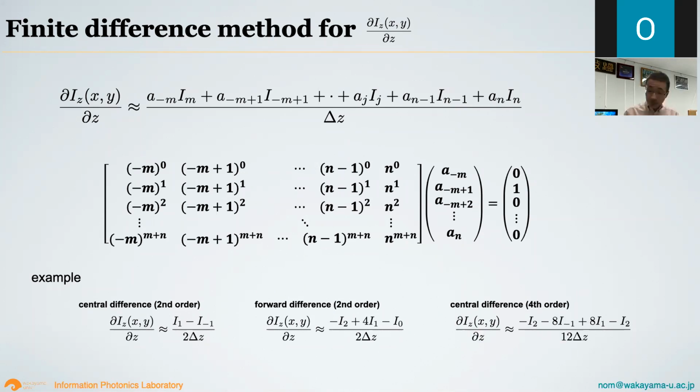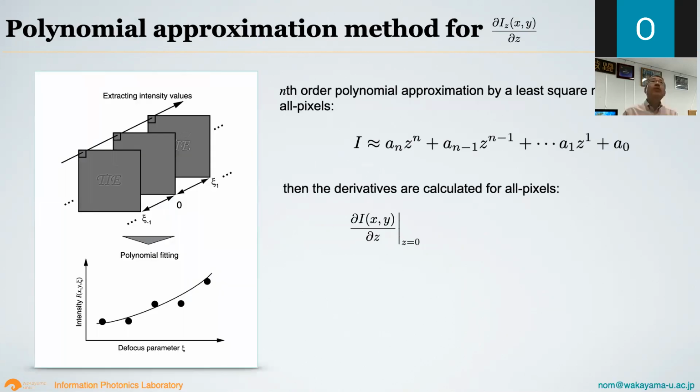So in that case, we can use a polynomial approximation method for dI/dz. So in this case, 1, 2, 3, 4, 5 data we obtain. So nth order polynomial approximation by the least square method for all pixels. So for example, for 1, 2, 3, 4, 5 data, third order polynomial approximation can be applied.